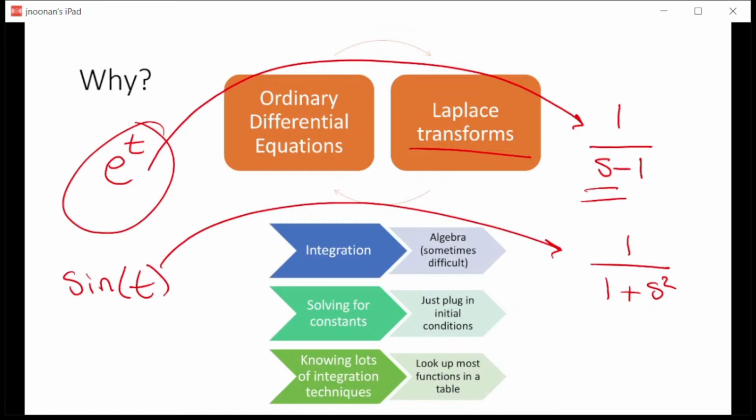So you change everything to transforms, solve the problem algebraically, and that'll become more clear on Monday. I know we're not going to be able to do it all today, but solve that problem algebraically and then go back. So if your answer over here was this, you could say, oh, I know what the answer is in this land. They go back and forth. You can go back and forth with these Laplace transforms.